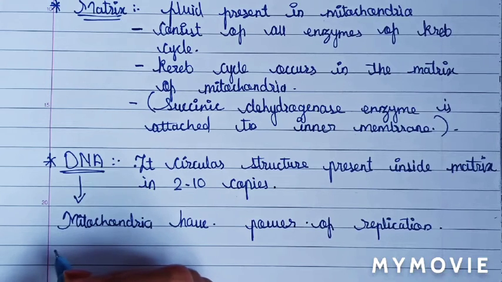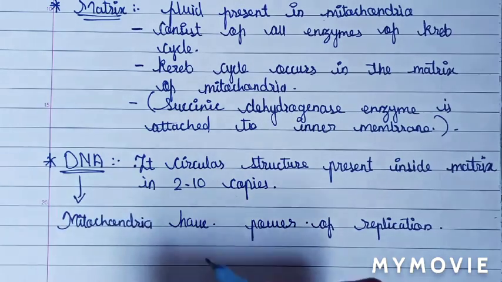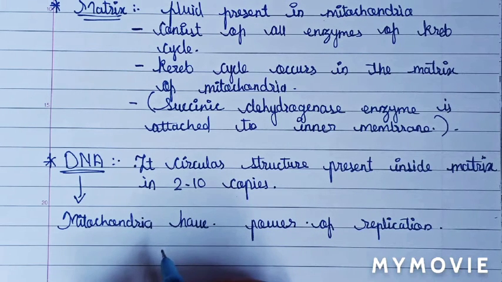Each mitochondria arises from pre-existing mitochondria. As we have seen, the lifespan of mitochondria is 5 to 10 days. Then new mitochondria arise from the pre-existing mitochondria, and the old mitochondria is engulfed by lysosome.